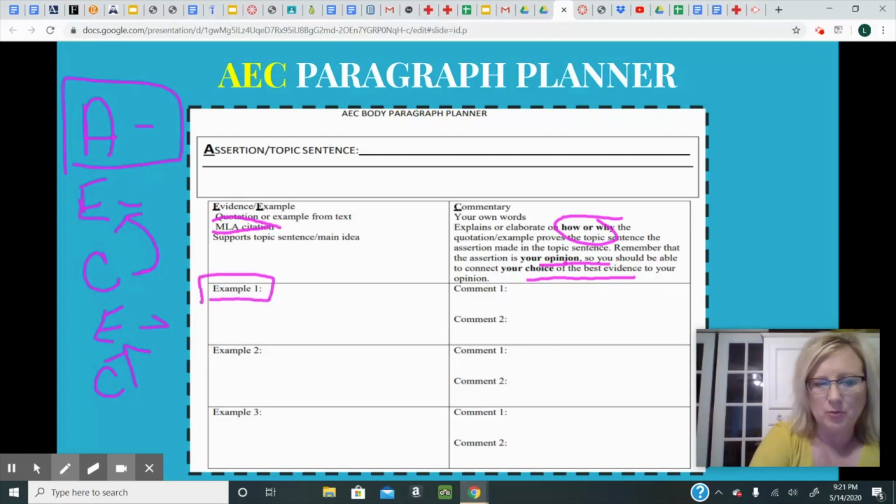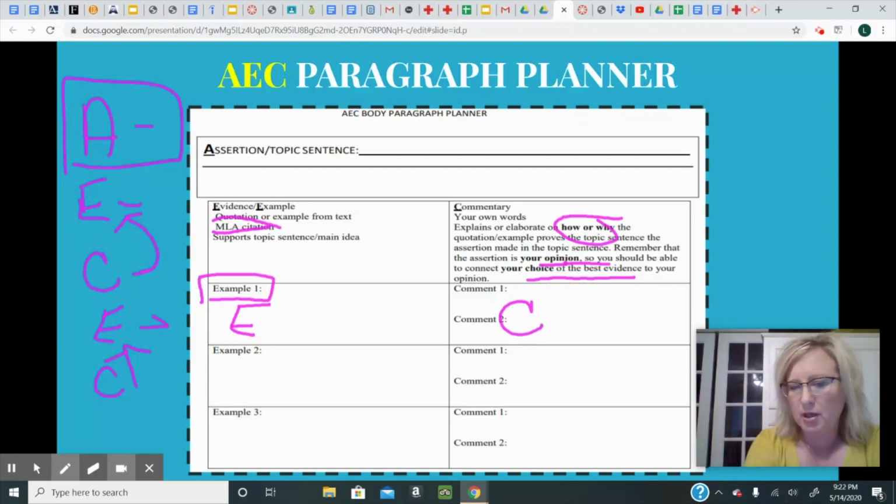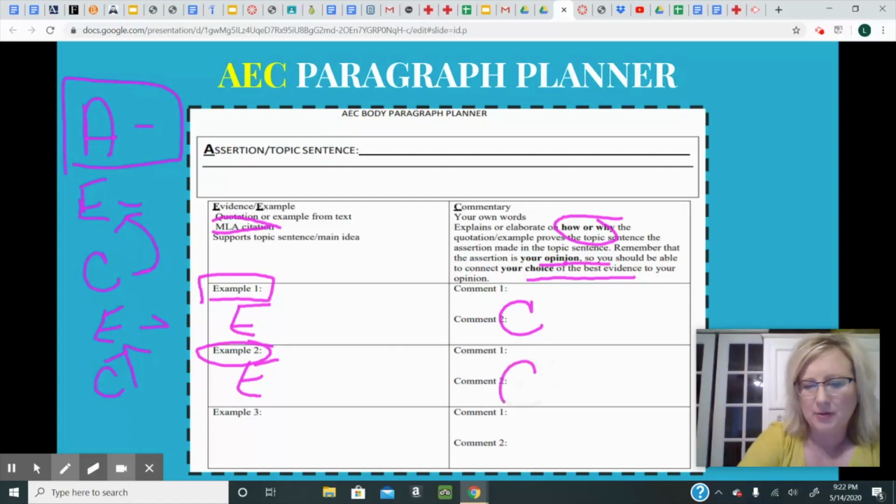We have example 1. Well, that is for our evidence. And then C is giving me comment 1 and comment 2. Well, that's for my commentary. And I might make more than one comment about each piece of evidence. Then I might give a totally new piece of evidence, a second piece. And then I would give additional commentary. So we want the format to be the same. We're going to make an assertion.